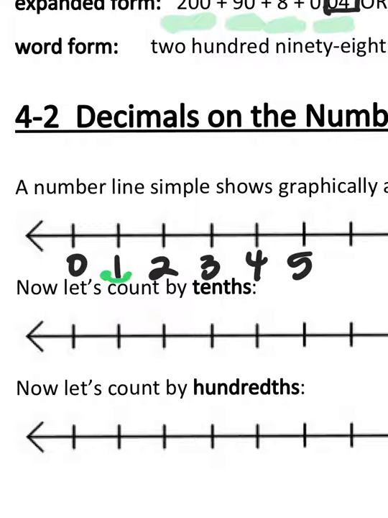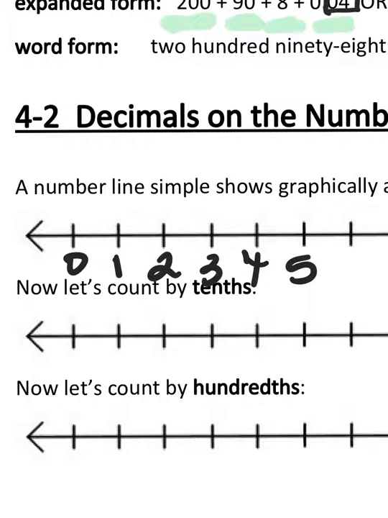When we count by tenths, we would still start with 0. I was thinking that I should have started one step down, but we're okay. So this was 0, 1, 2, 3, 4, 5, and so on.